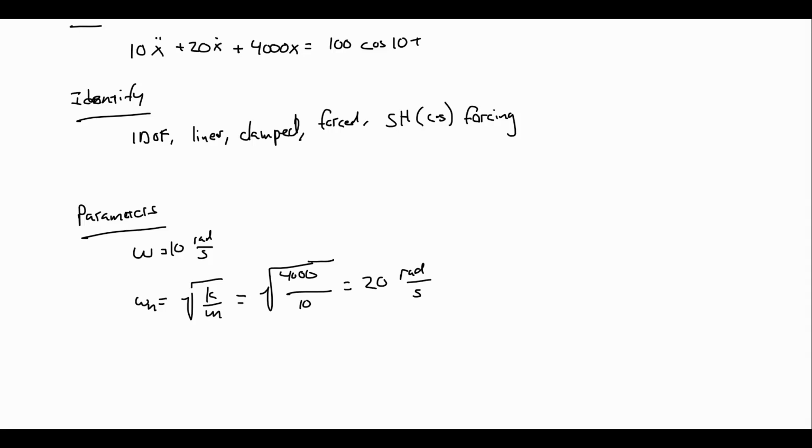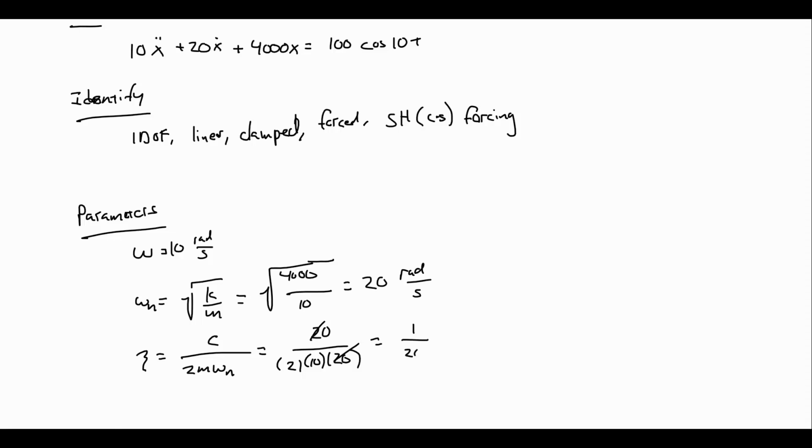Now we can go and find our damping ratio, and we want this so that we can determine, is it underdamped, overdamped, critically damped? And that will be calculated with C over 2m omega n. And our C in base units, 20 newton seconds per meter, over 2 times our mass times the natural frequency, which we just found. So we have 1 over 20.